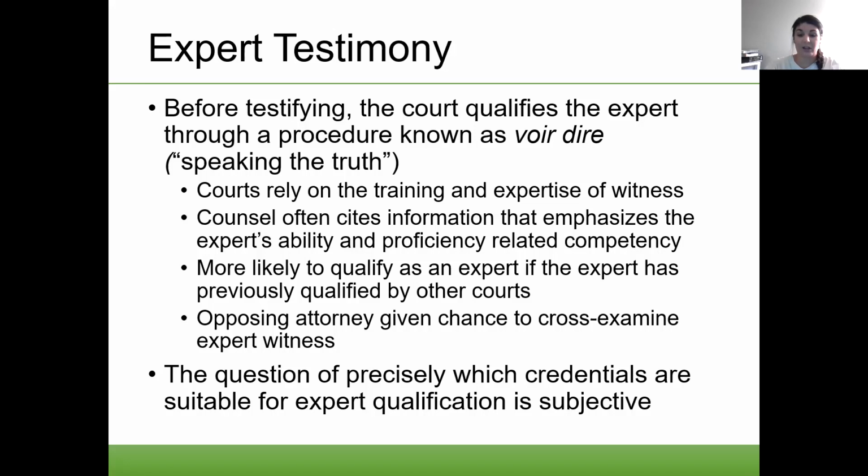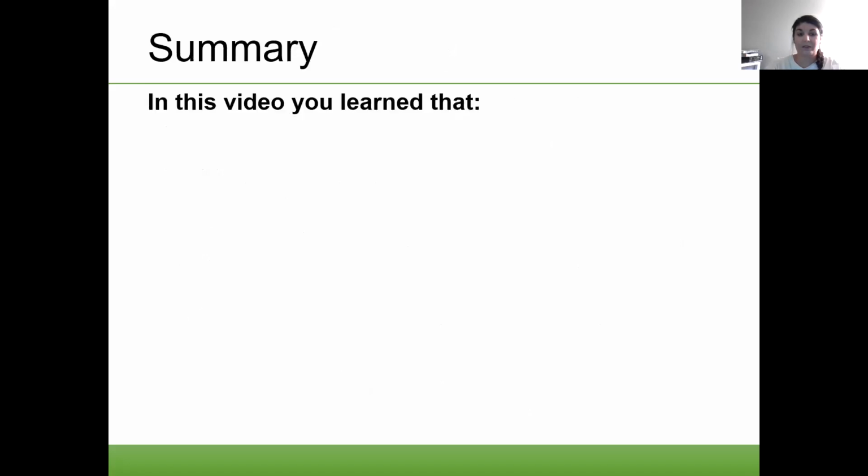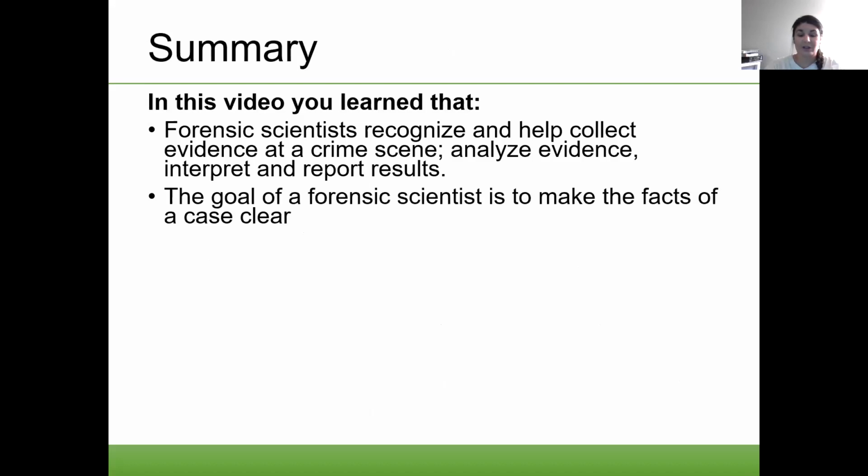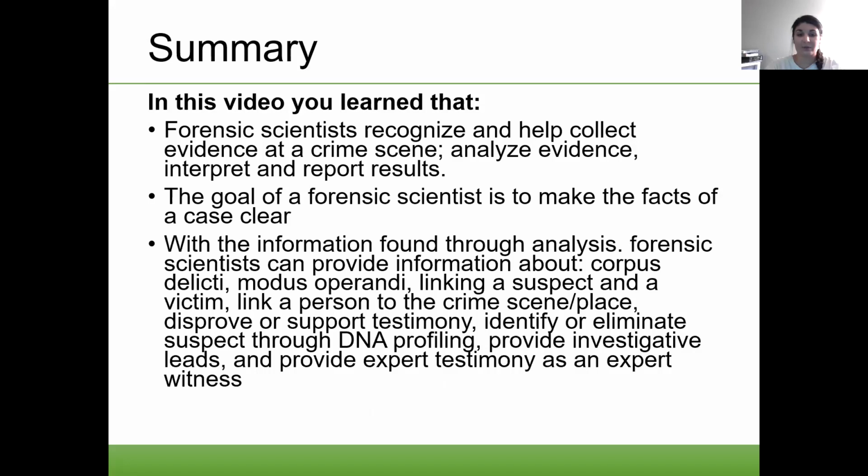So in summary, I hope you learned that forensic scientists recognize and help collect evidence at crime scenes, analyze the evidence, interpret it, and report the results. The goal of forensic scientists is to make the facts of a case as crystal clear as possible.